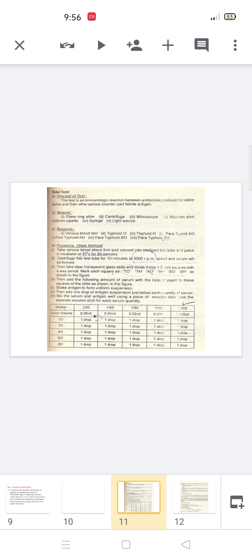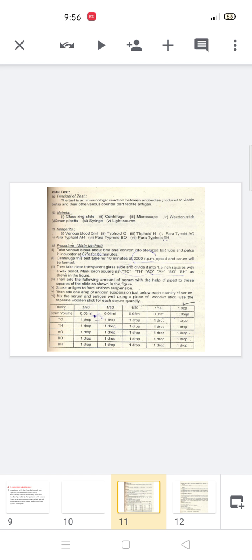But the other two dilutions, the 1 by 320 or the 1 by 160, this is the confirmative part of this test. If clumping we observe in this part, we can say the titer is this, and it is a high titer in typhoid fever or the Vidal test, we can say it is positive.